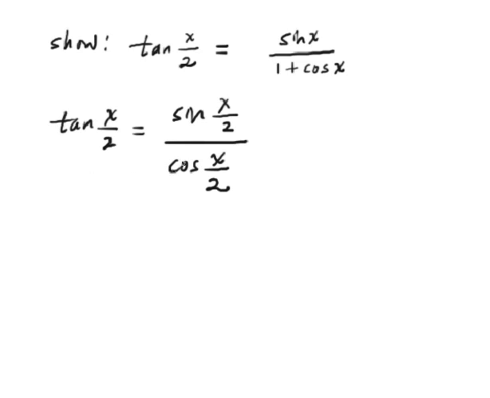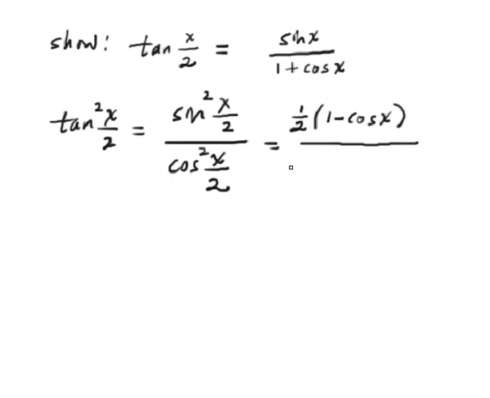Now let's square both sides, so let's just square everything, this and this and this. And now let's use our half angle formula. Sine squared x over 2 is 1/2 times 1 minus cos x.